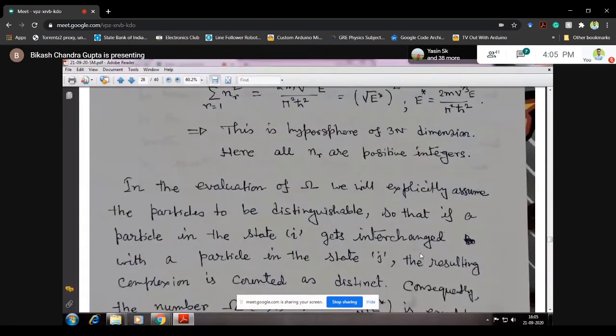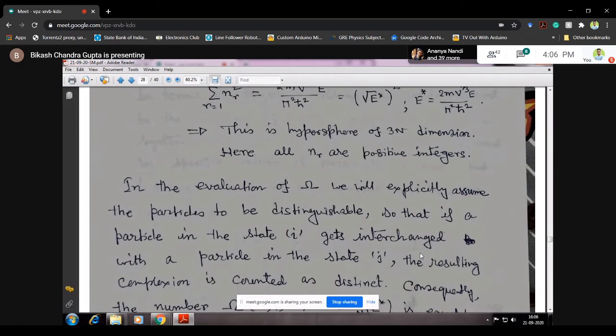Now you can see this document. I am explaining without looking at the document. All that I am saying is that if you have a single particle in the box with energy epsilon, you know how to solve the Schrodinger equation, and thus you can get the expression for the energy in terms of some numbers.